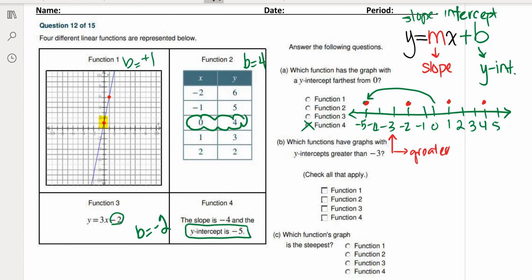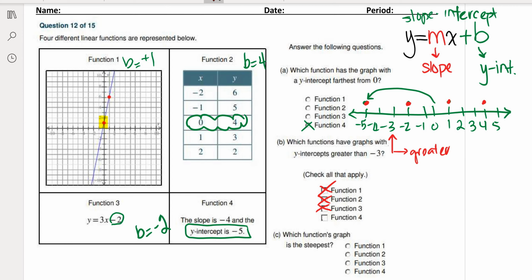So it looks like whichever function has a y-intercept of negative 2, which is function 3. Whichever function has a y-intercept at 1, which was function 1. And the one that has a y-intercept at 4, which is function 2. It says check all the boxes that apply.